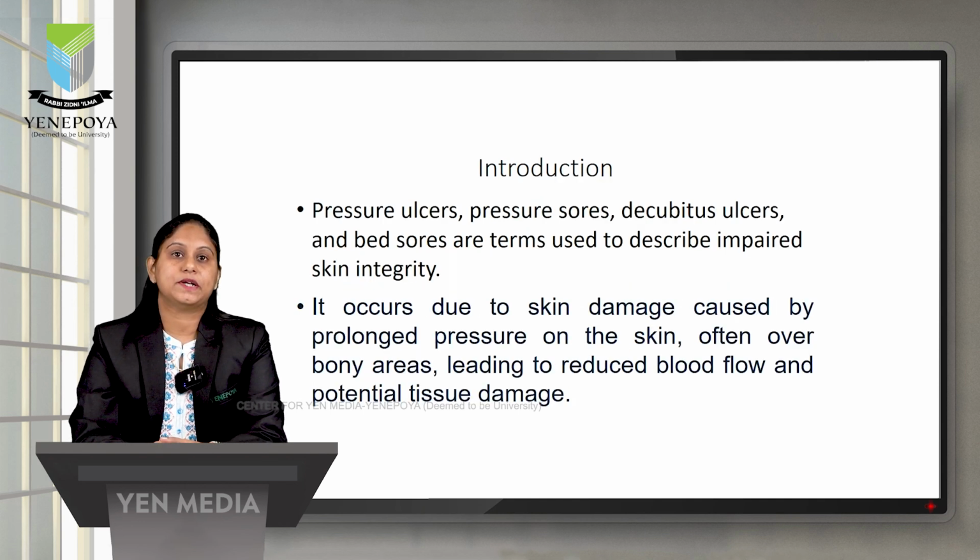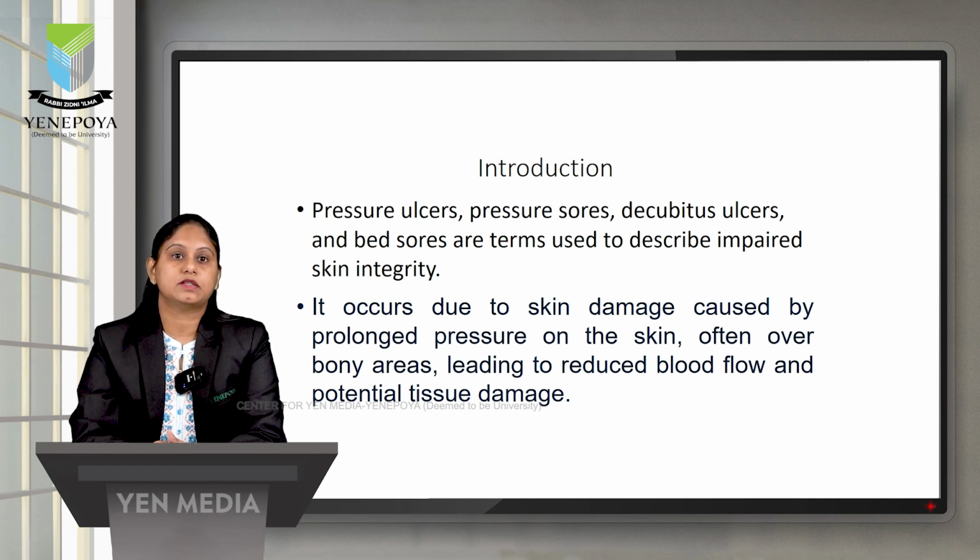Introduction. Pressure ulcers are also termed as pressure sores, decubitus ulcers and bed sores, and these are the terms which are used to describe the impaired skin integrity. It mostly occurs in patients who are unconscious, who are confined to bed, who are in ICU settings, etc. It occurs mainly because of pressure, which causes skin damage.